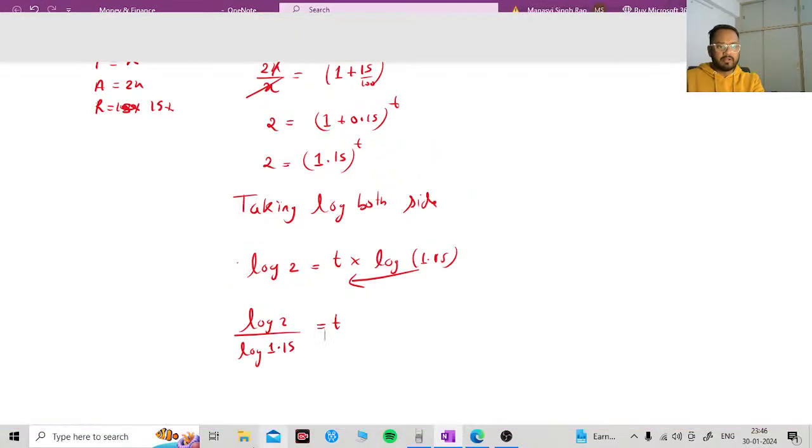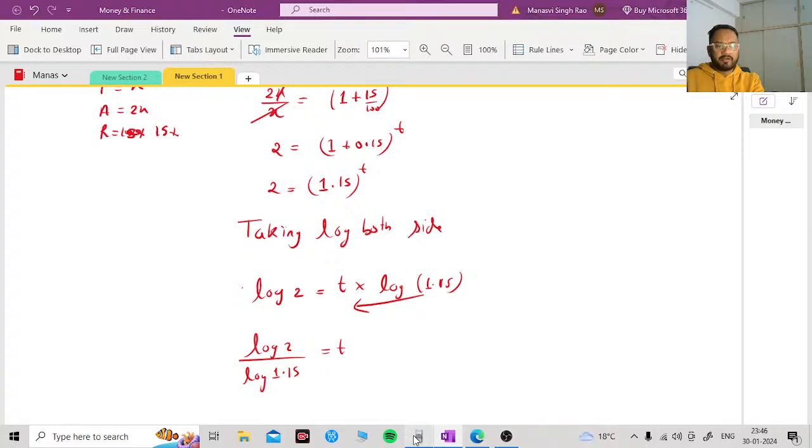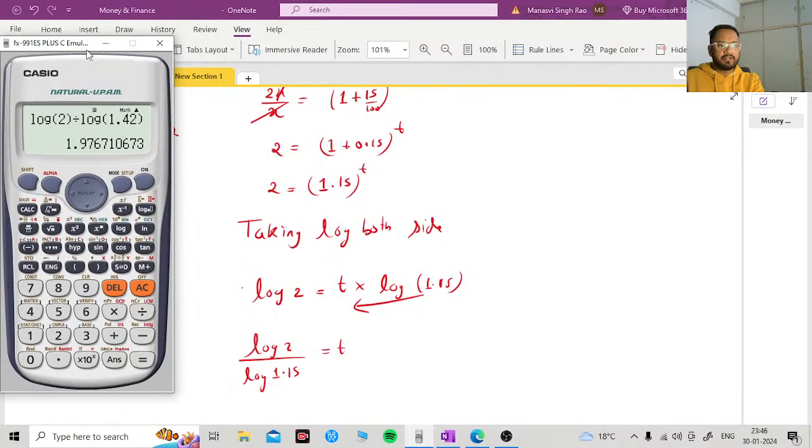So how will we solve? We'll use the calculator here. Without calculator it will be difficult. It will be log 2, then bracket close, divided by log again, and then 1.15, and this will give you the answer 4.95.